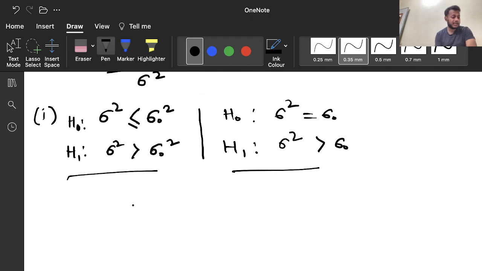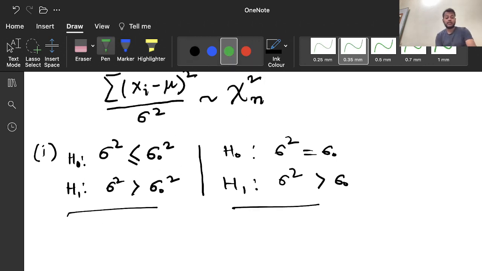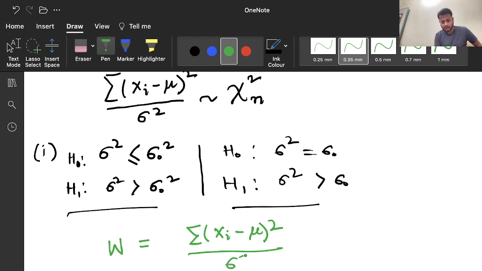And what is our test? Let's first write our test statistic. Suppose W is the sum of (xi minus mu)^2 divided by sigma square. This is our test statistic, and this follows a chi-square distribution with n degrees of freedom.